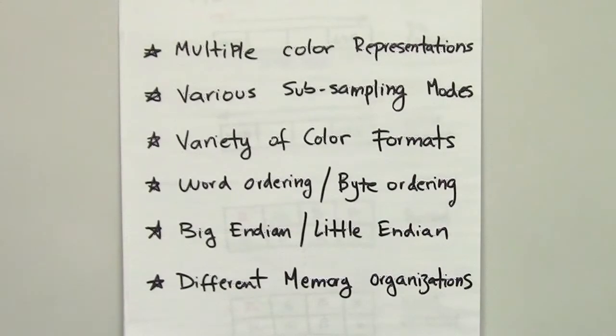And not only that, but you have the option of ordering words or bytes in different ways, either big endian, little endian, packed, or word ordered, and obviously different memory organizations. In the next graphs, we will see how you can use FPGAs to your advantage to represent all these image color formats in very efficient ways.